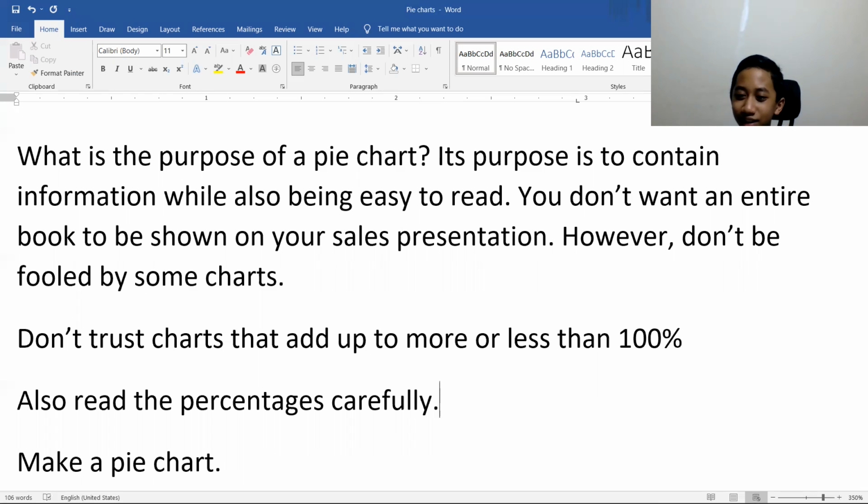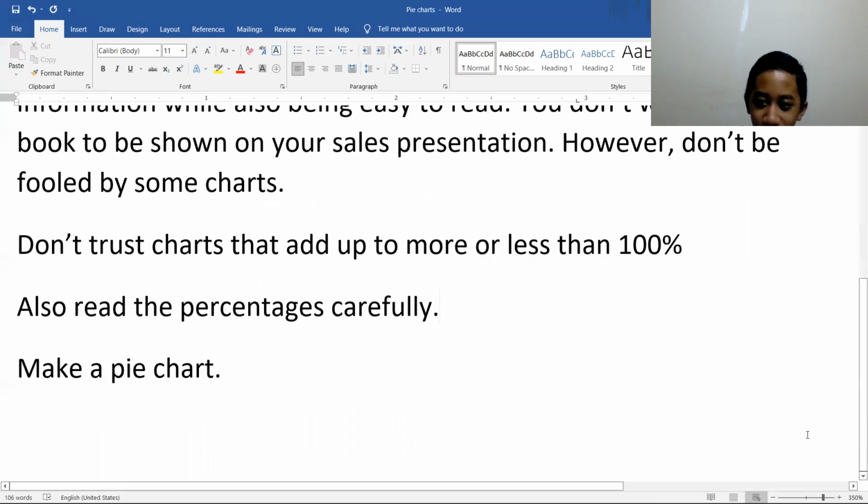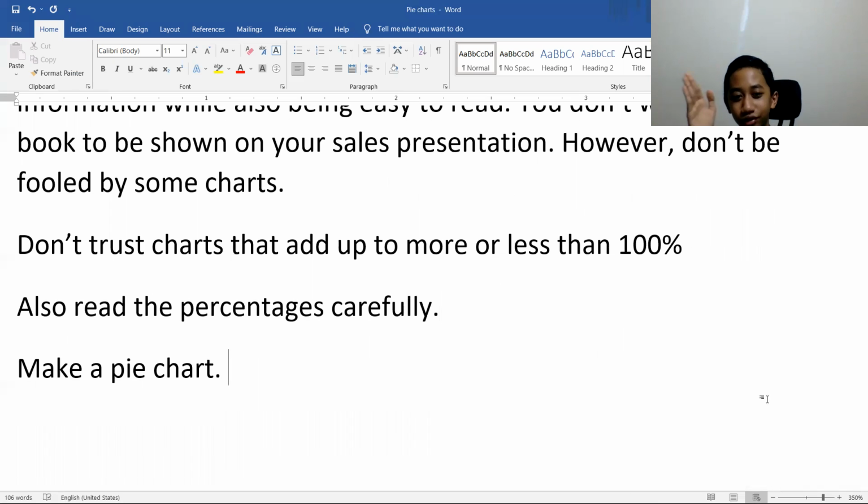That does not make sense. The 50% should have nearly half of the pie chart, the 45% nearly half, and then the rest is taken by the 5%. It should be like that. That does not make sense otherwise.